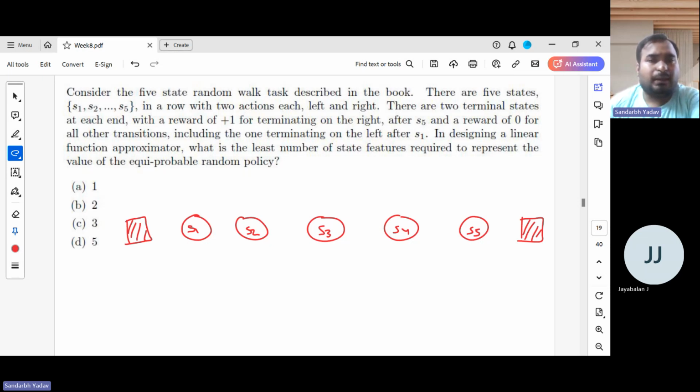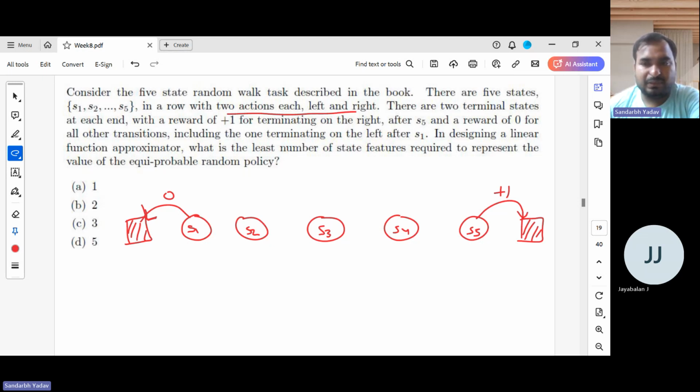There is a reward of +1 for terminating on the right, after S5, and a reward of 0 for all other transitions, including the one terminating on the left after S1. So this also has a reward of 0, and all other transitions also have a reward of 0. The actions are basically that you can move left or right only.